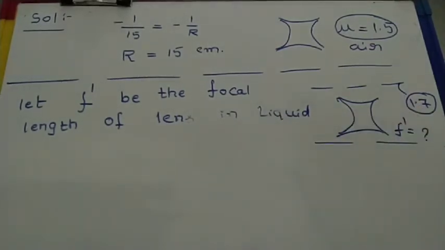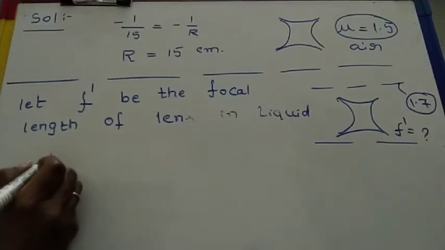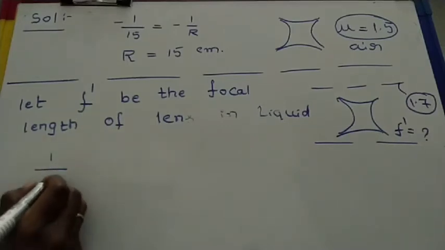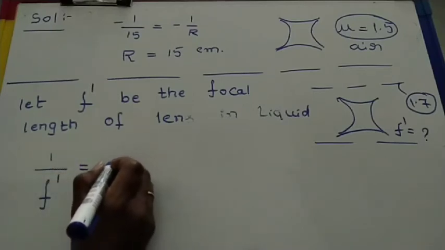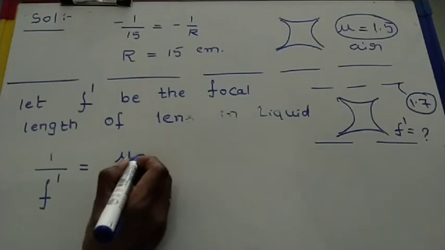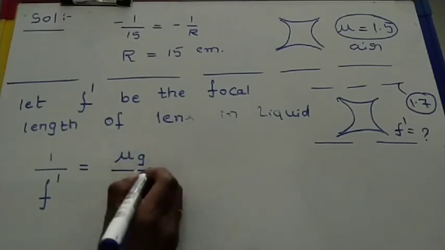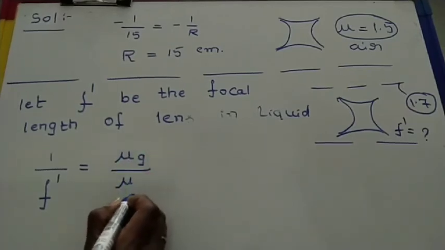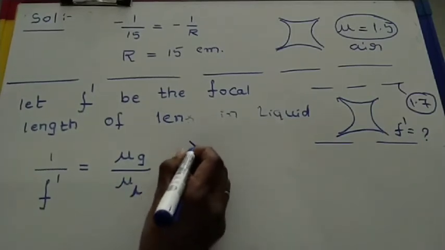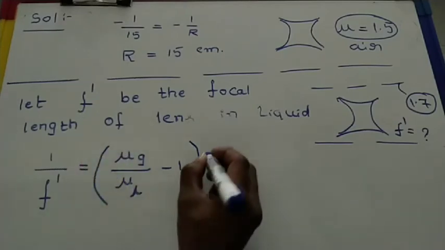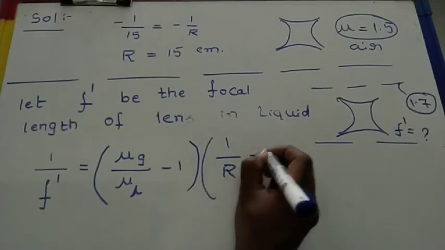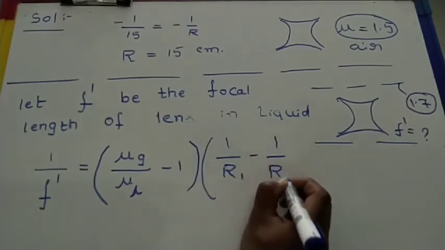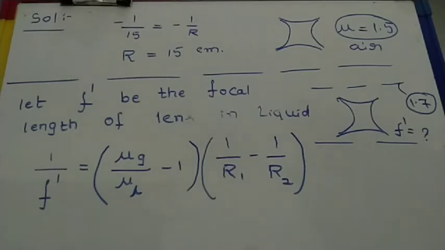Now we know that 1 by F dash is equal to, what is the formula? Refractive index of glass by refractive index of liquid minus 1 into 1 by R1 minus 1 by R2.